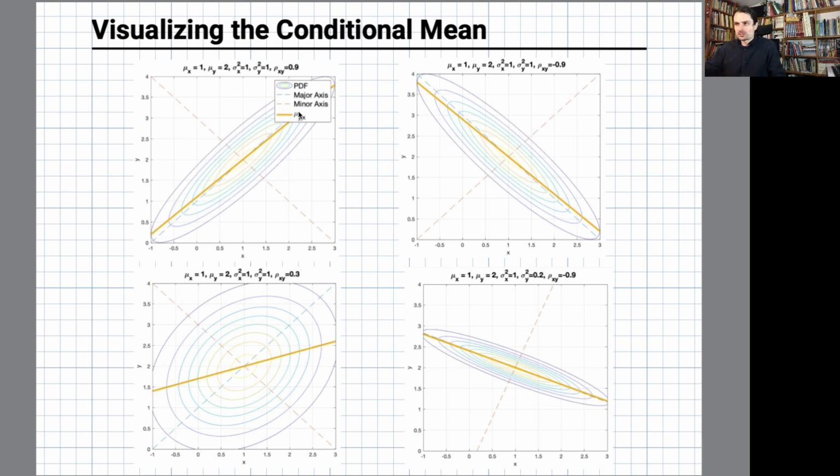The second observation is that the posterior mean is just the mean of the posterior PDF, right? And as we saw 2 slides ago, the posterior PDF is obtained by slicing this joint PDF along a direction that is parallel to the y-axis in this figure. Remember that we just take the intersection between that plane and the PDF, and then we scale that curve so that the area under the curve is 1.